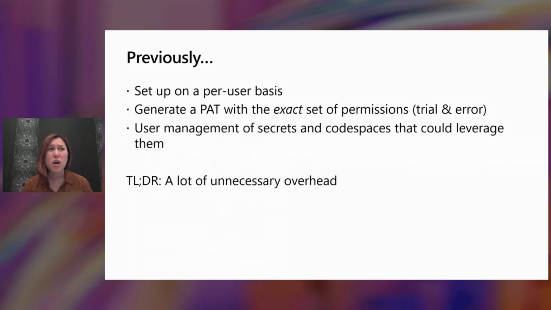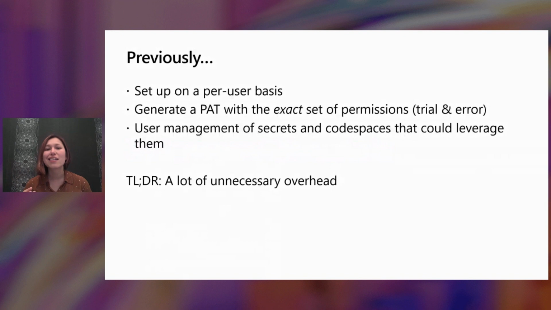So if you wanted to use multiple repositories, you would have to set that up for yourself. You would have to generate a personal access token with the exact set of permissions. Maybe you need read access to one repository. Maybe you need write to another.